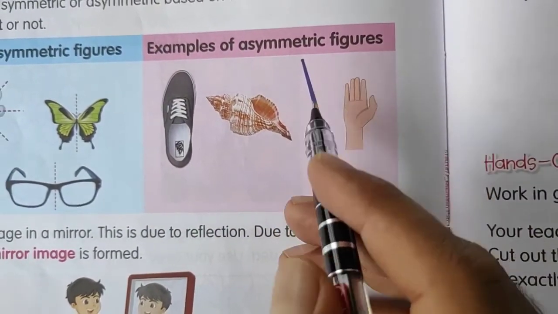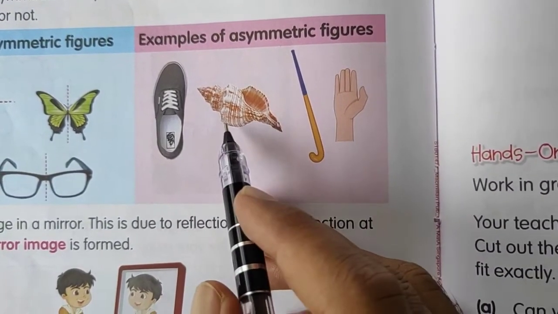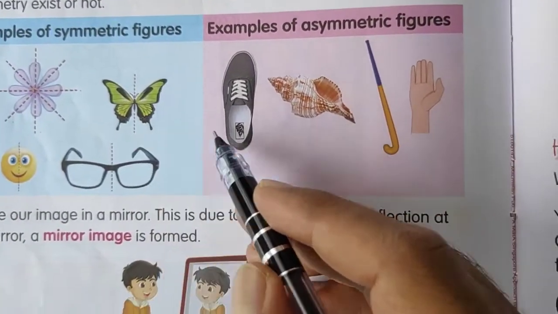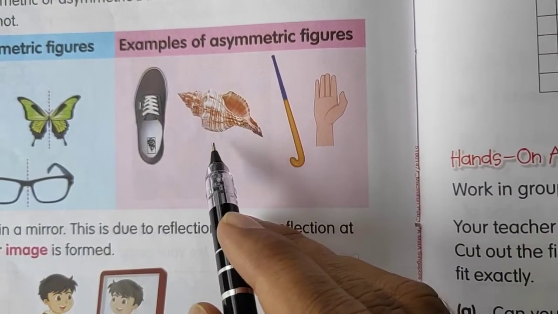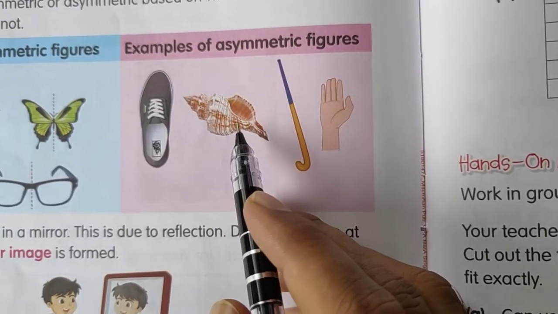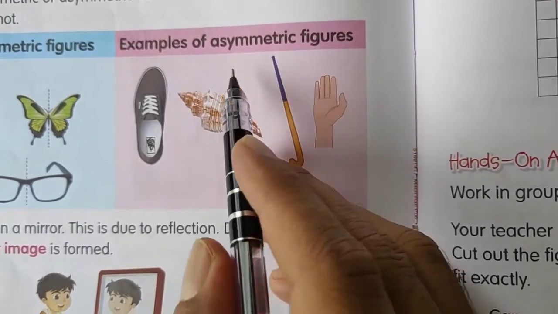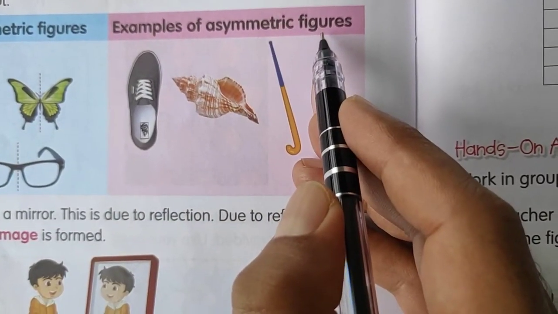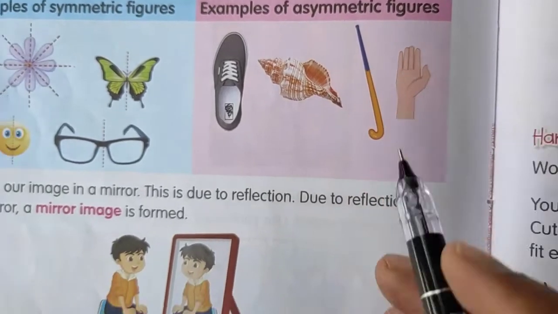Asymmetric figures are those where a line of symmetry is not possible, because we cannot fold them, and if we cannot fold, there will be no line of symmetry. So for such shapes where a line of symmetry is not possible, we call them asymmetric figures.